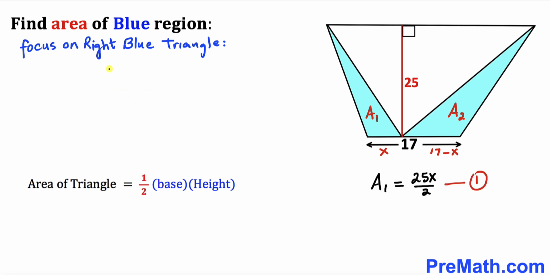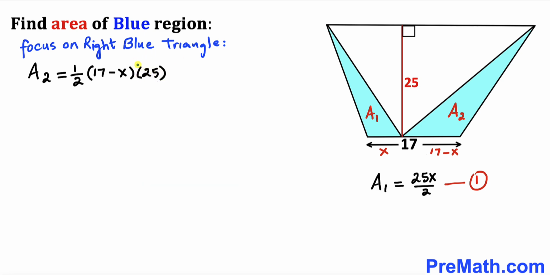And here's our next step. Let's focus on this right hand side blue shaded triangle whose area is denoted by A sub 2. So once again we're going to use this formula. A sub 2 is going to be a half times our base, in this case 17 minus x, and the height for this triangle is 25. So I'm going to write down 17 minus x times 25. Now let's distribute and simplify.